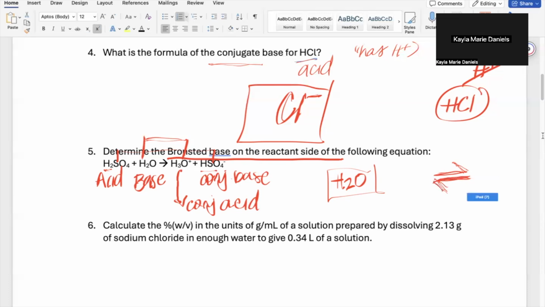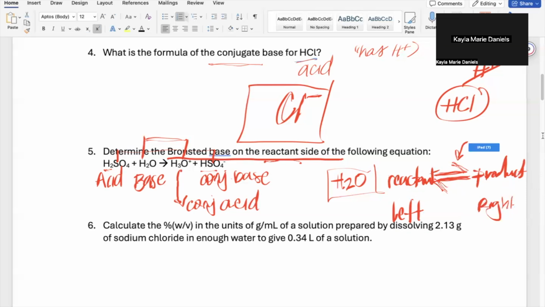Even with these arrows, the reactant side is still the left side. This is still the reactant, and the right side is still the product side. It's just that these arrows are saying that the reaction can go forward and backwards, but as it's written, the reactant is still the left and the product is still the right. So this question asks for the base on the reactant side, so you're looking for the base that's on the left side.